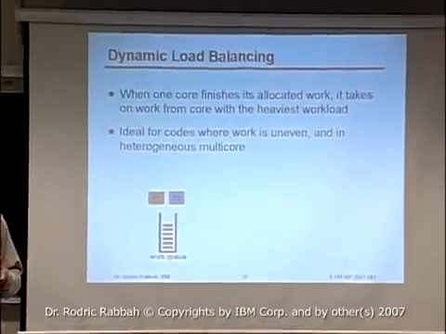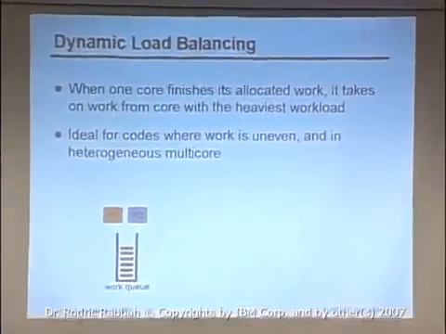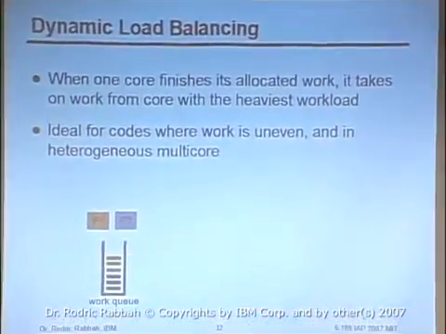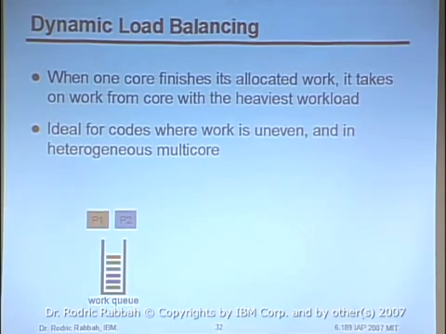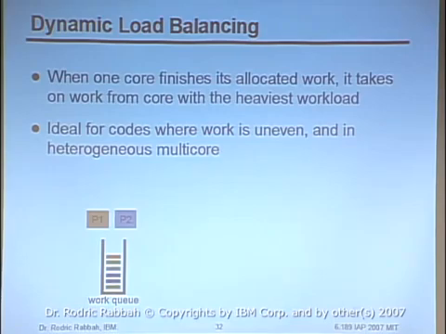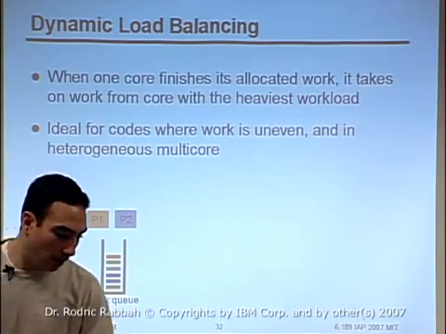So the alternative is dynamic load balancing, and you certainly could do a hybrid of static plus dynamic mechanism, although I don't have that in the slides. In the dynamic load balancing scheme, I'm going to illustrate two different mechanisms. In the first scheme, you start with something like the static mechanism.